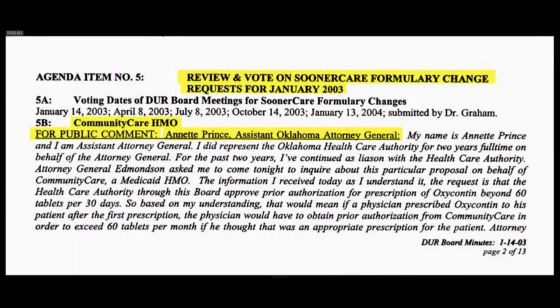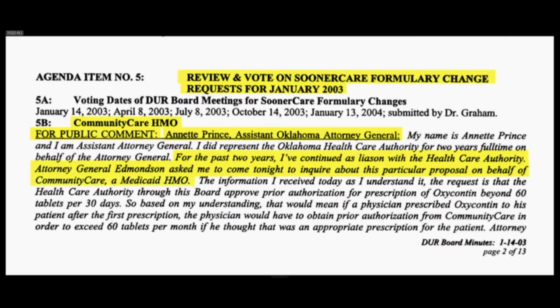I did represent the Oklahoma Healthcare Authority for 2 years full-time on behalf of the Attorney General. For the past 2 years, I have continued as liaison with the Healthcare Authority. So at that point in time, the Attorney General's office had a lawyer acting as a liaison to the Healthcare Authority, correct? That's what it says. And she indicated that Attorney General Edmondson had asked her to come tonight to inquire about this particular proposal on behalf of Community Care, a Medicaid HMO, right?